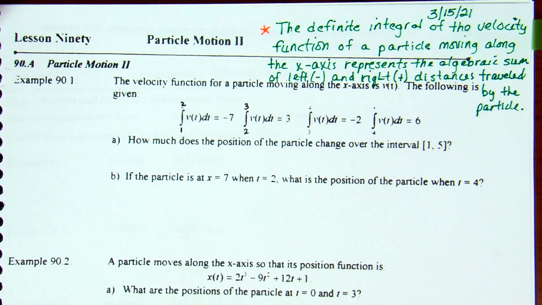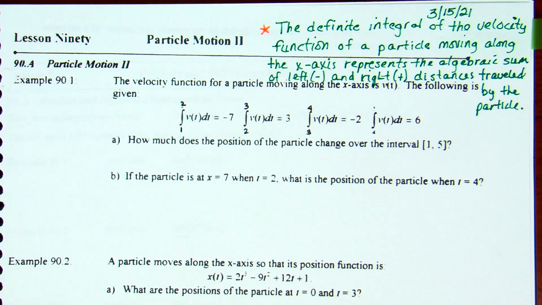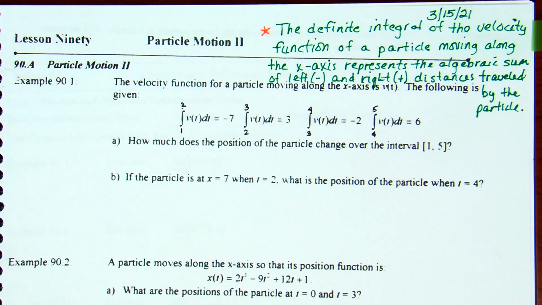The integral from 3 to 4 of v of t is negative 2. And the integral from 4 to 5 of v of t is 6. So those are representing the integral of the velocity.